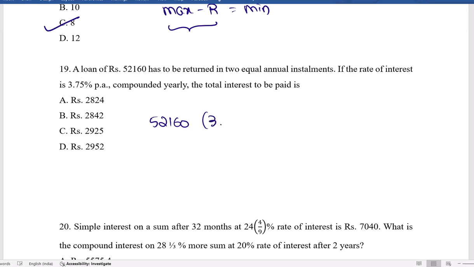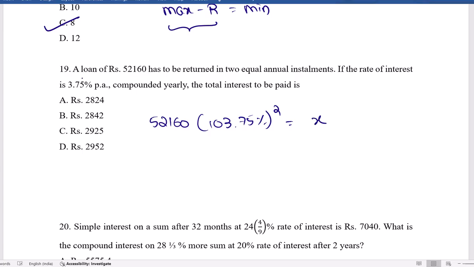They will collect the amount 103.75% whole square. This amount will be collected from you as installments. Whether it is installment or whatever it may be, the amount they finally want to reach is with the rate of interest, 52,160 you took, the interest is 3.75, so 103.75 because of 2 years, whole square.